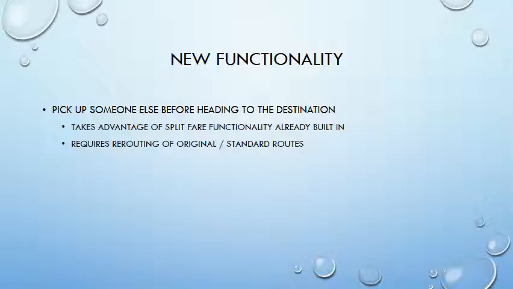But if they do, you could possibly split that fare as per normal. And this is interesting too because it requires a rerouting of the original standard routes, because you might want to pick somebody up after you've already established a destination, possibly. It's a bit flexible. But yeah, this is a new functionality I've included, or will be including, in the report.